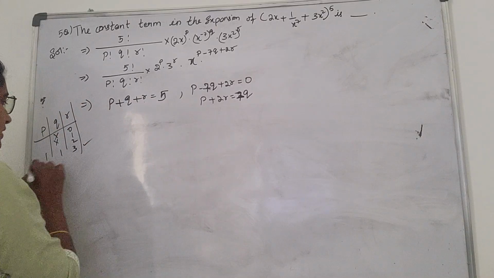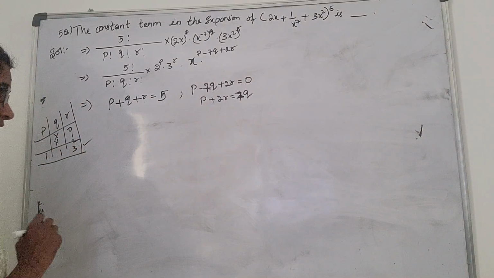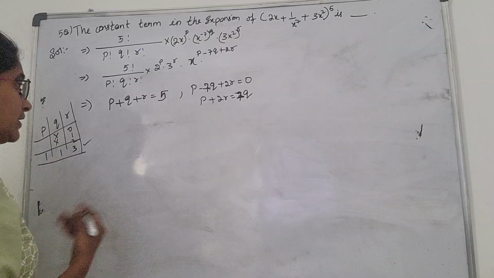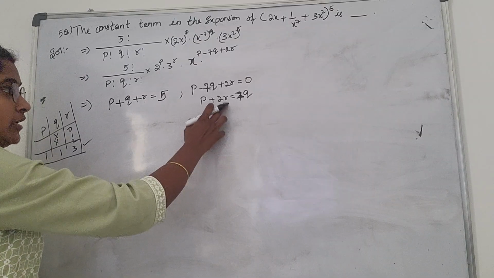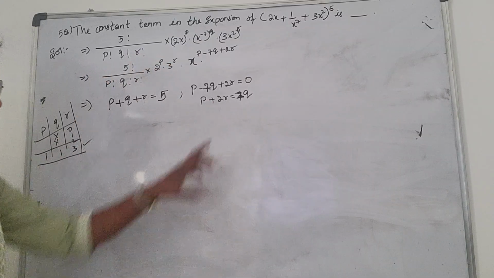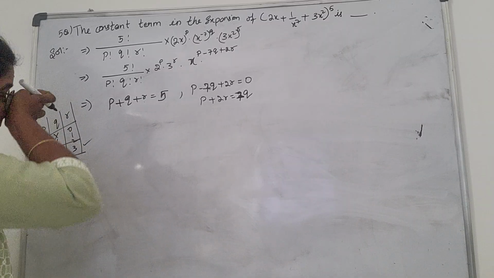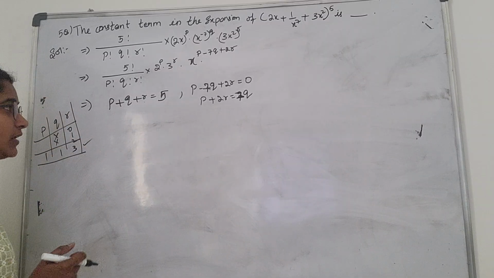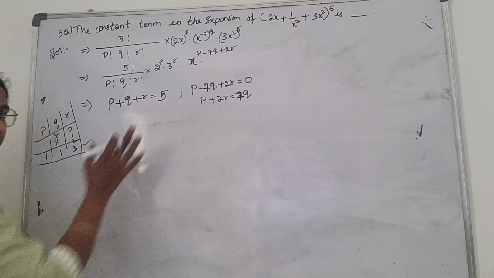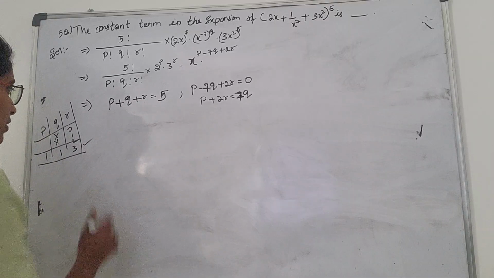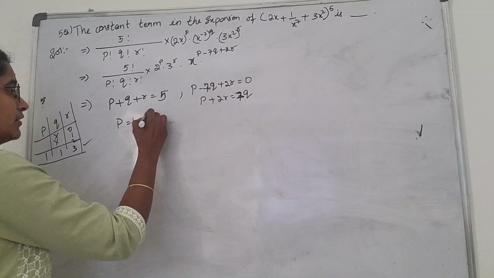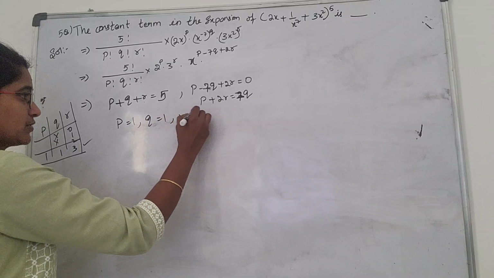This is the only possibility. If I keep r as 4, 4 threes are 8, which is more than 7, so it is not divisible by 7. So now we got p equal to 1, q equal to 1, and r equal to 3.